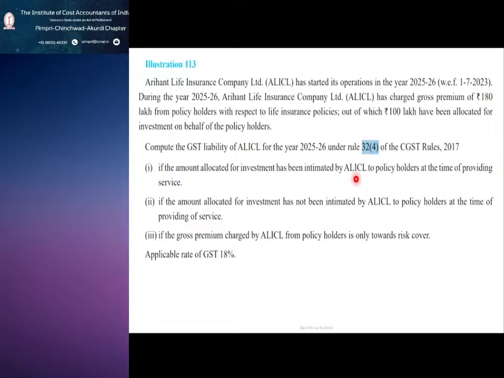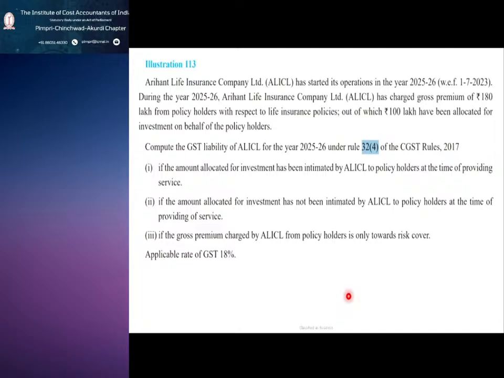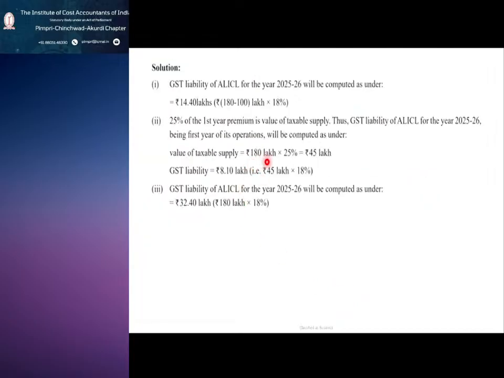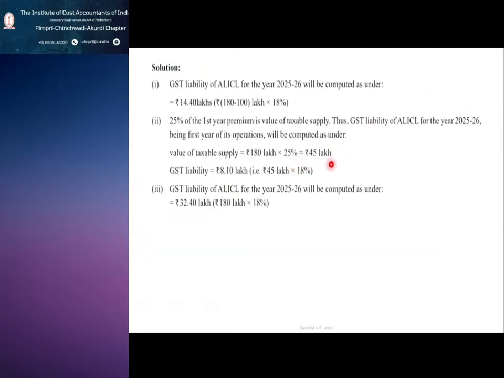The next one is, if the amount allocated is not intimated at the time of providing service. In the second option, 25% of the first year premium is taxable. They have not conveyed that something is allocated for investment. In that case, 180 lakhs is the gross premium, and 25% of it comes to 45 lakhs.